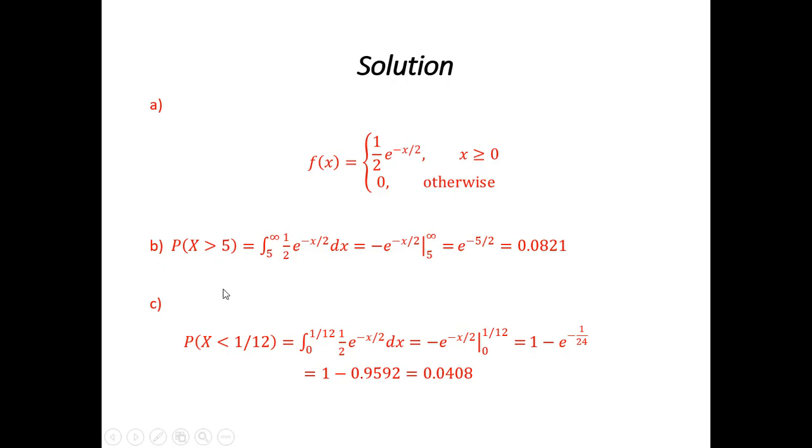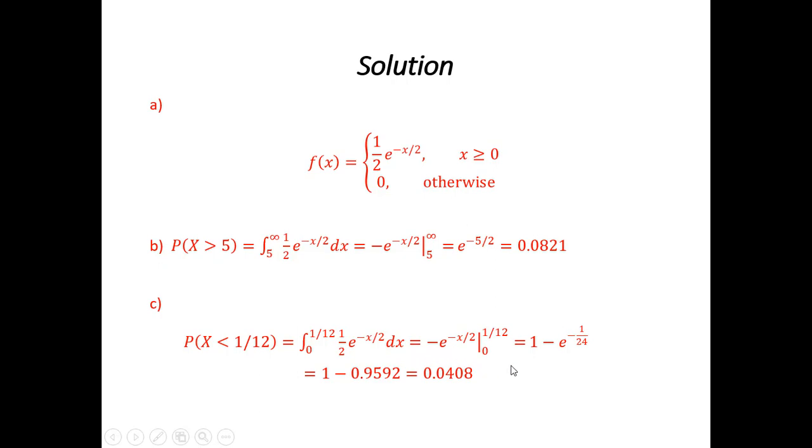In part C, we asked, what's the probability of getting burglarized within the first month? So we could express that as the probability x is less than 1/12. Find this integral using the PDF. So I go from 0 to 1/12, 1/2 e to the minus x over 2 dx.